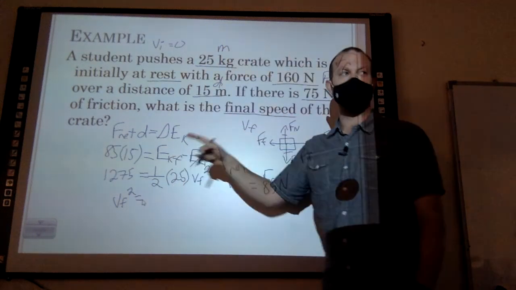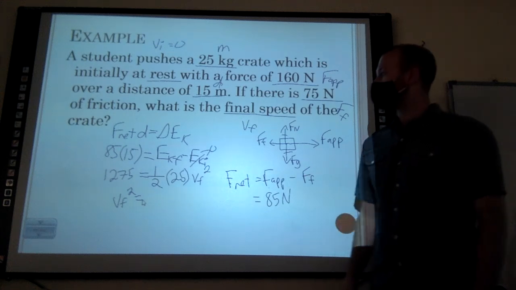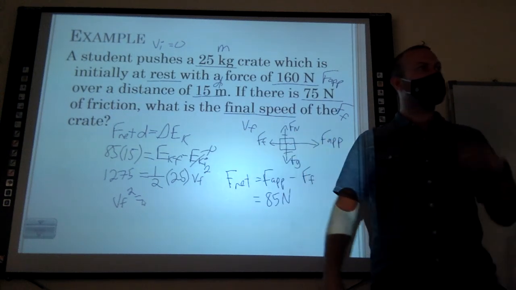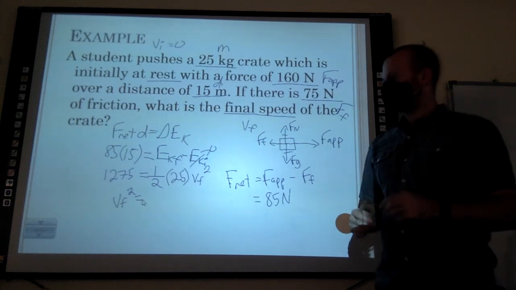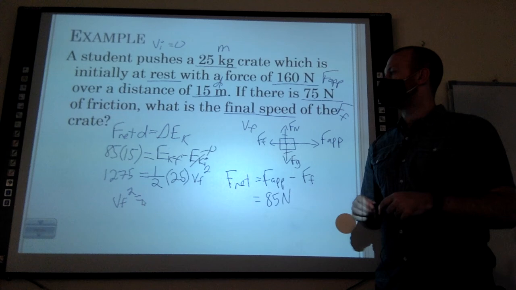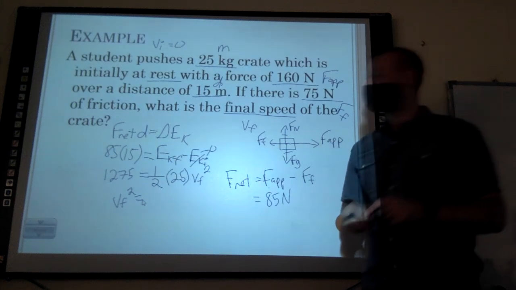Because that's the equation for EKF. It's asking for final speed. I need to get final speed. So times that by 2, you get 2,550. 2,550 divided by 25.